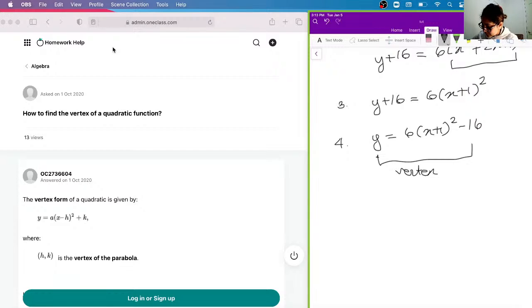So this is in the layout of y is equal to a times x minus h squared plus k, right? Where your h and k is the vertex.